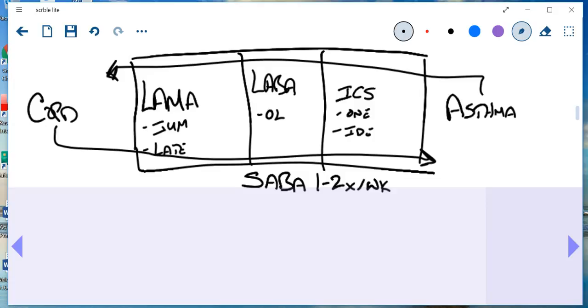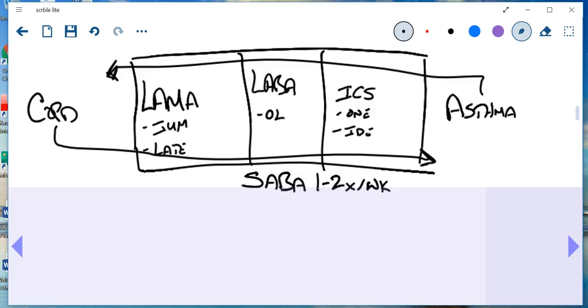So let's say Advair, for example. That's fluticasone and salmeterol. Dulera, mometasone and formoterol. There is Symbicort, about to come off the patent cliff soon, which is budesonide and formoterol.